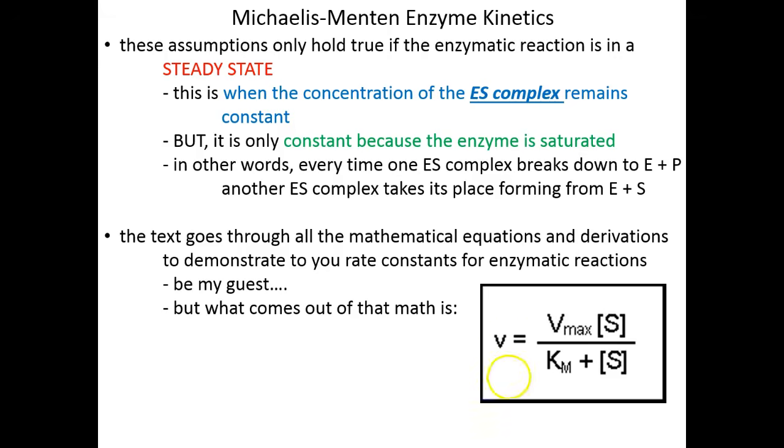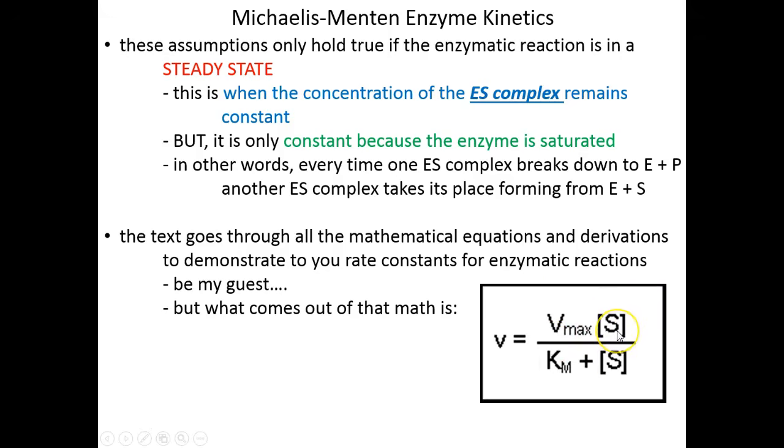What this equation says is that the velocity or speed of an enzymatic reaction at any substrate concentration is equal to Vmax, which is a constant of the enzyme. It's a property of the enzyme that never changes.